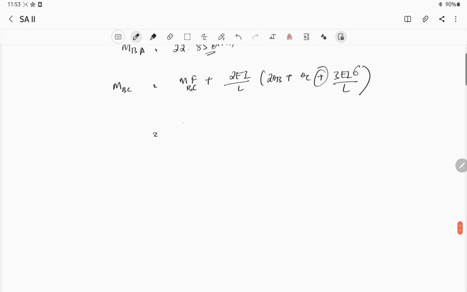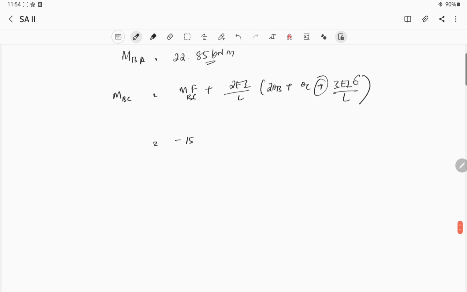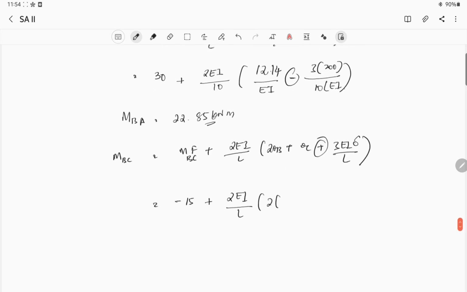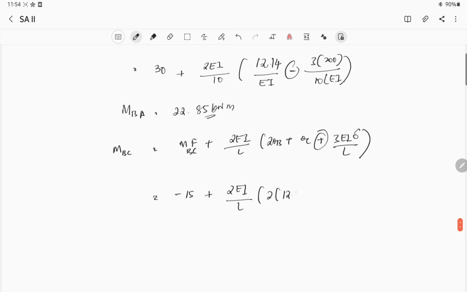So MFBC you got as minus 15, right? MBC you got minus 15 plus 2EI by L into 2 theta B. Theta B is 12.14 by EI, minus plus 3 into, this is 200 by EI.